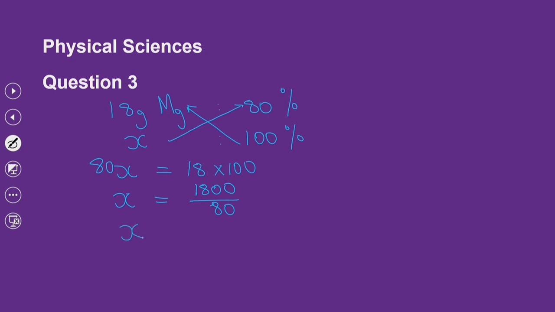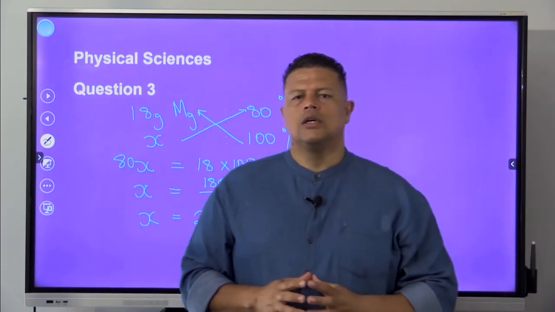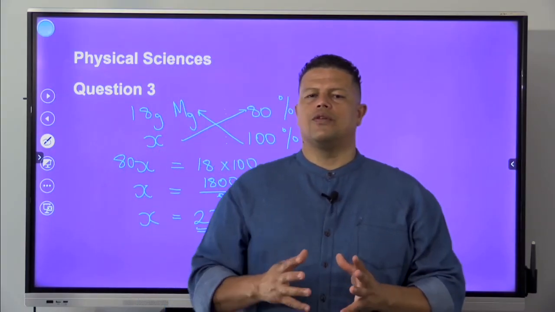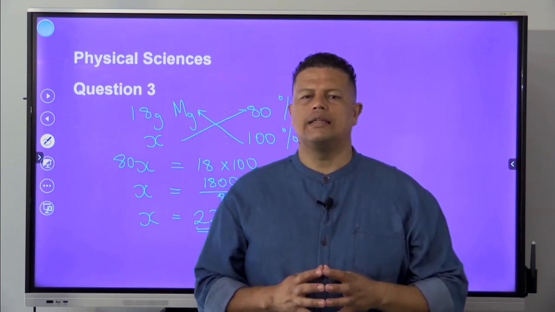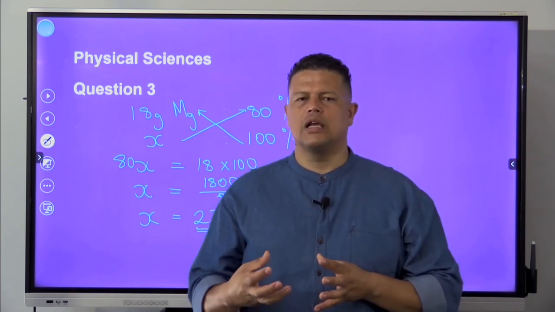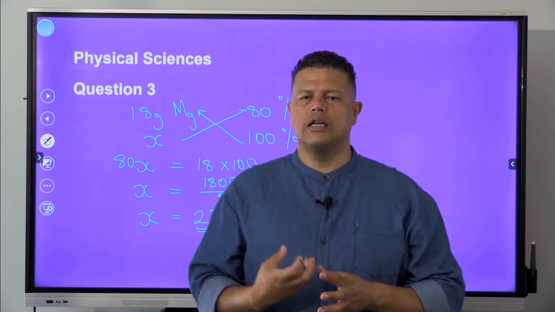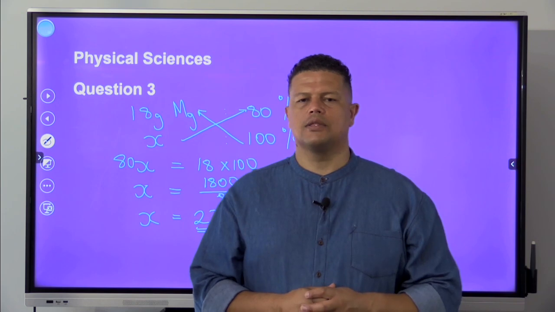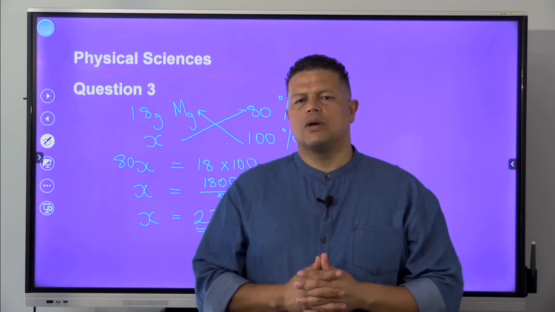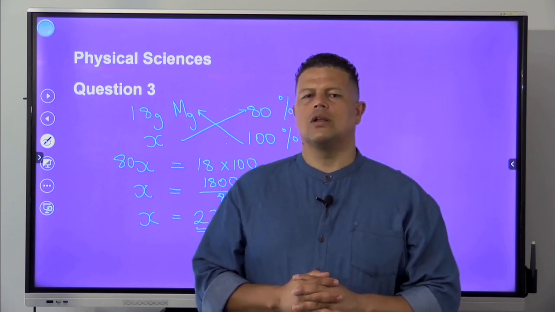And we'll find that X is equal to 22.5 grams. So now we can clearly see if you use 18 grams of magnesium, it would produce only 80%. But if we wanted 100%, we need to increase that to 22.5 grams. Guys, that is what we have time for in this particular lesson.